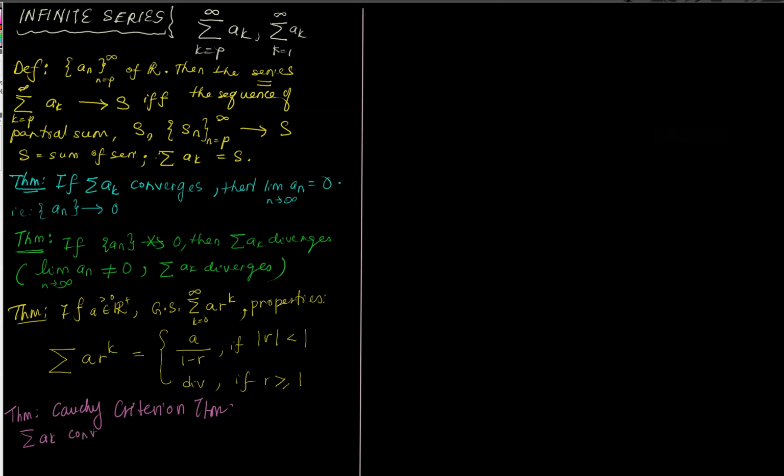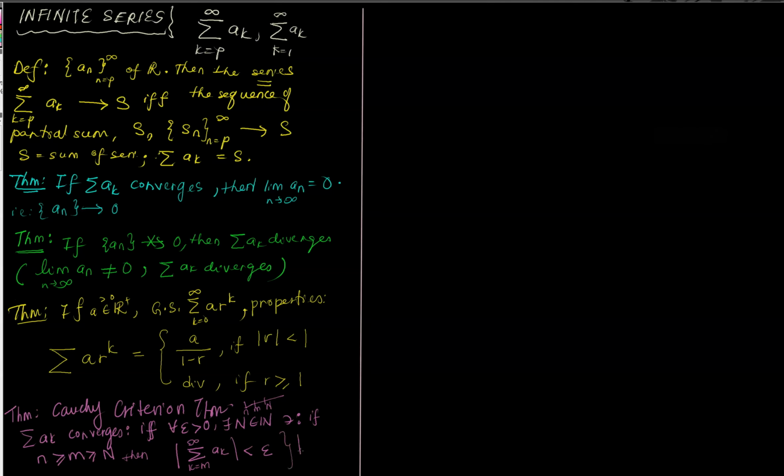It converges if and only if for all epsilon greater than 0, there exists some integer capital N such that if n is greater than m, which is greater than the N that I picked, then the absolute value of the summation of a sub k, where k goes from m to n, is less than epsilon.